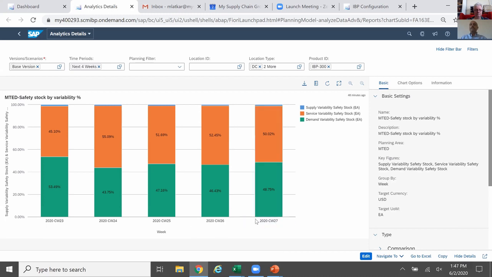So you can see how this safety stock is recommended and how it is calculated based on these variabilities. The top bar is the blue bar, so there is not much safety stock generated because of supply variability. But if you look at the orange one, that is service variability, so you get more safety stock due to service variability.